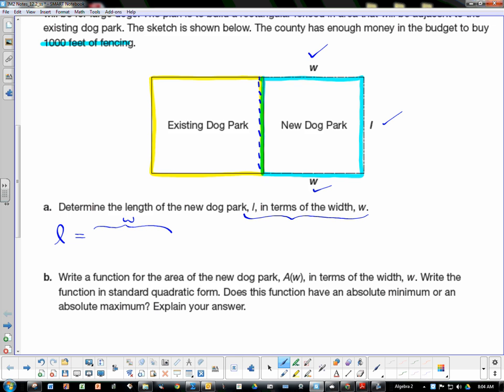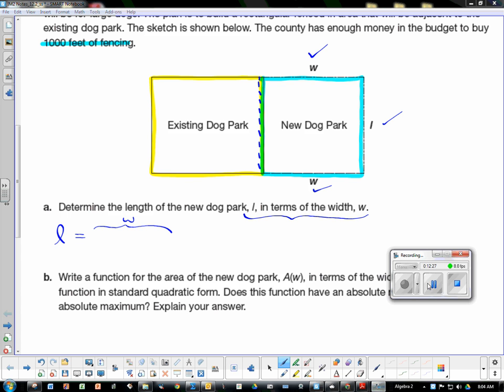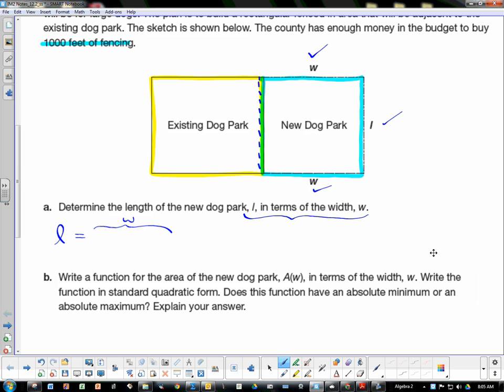The length, what do you think here? Well, once again, they're asking for L in terms of W. Let's try to wrap our heads around what's happening here. How much fencing are we going to use? 1,000 feet.